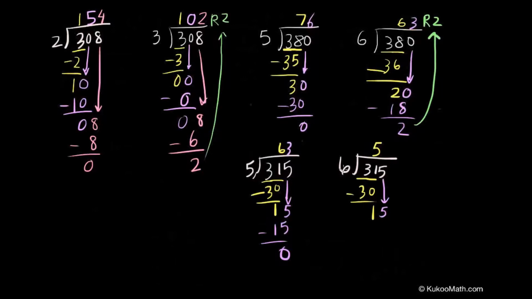That doesn't work perfectly, so the closest we can get to 15 is 2. 6 times 2 is 12. And when we subtract, we get 3. Since we don't have any more digits to bring down, and it's too small to divide anymore, 3 is our remainder. So our answer is 52, remainder 3.